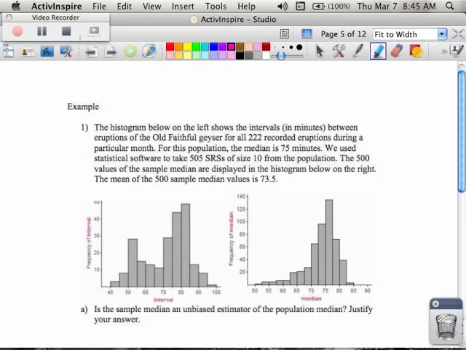The 500 values for the medians are displayed. The mean is 73.5. Is the sample median an unbiased estimator, and justify it?